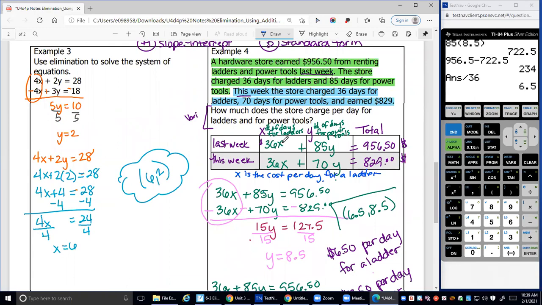This is the cost. And so this Y is the cost per day for a power tool. Good. It was close enough. We were able to write our equation.